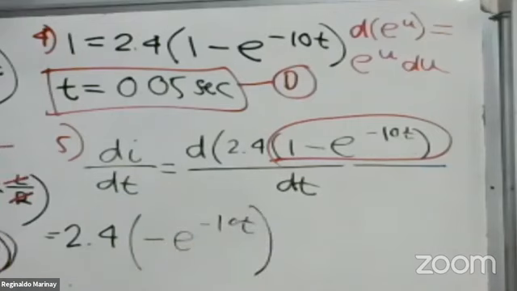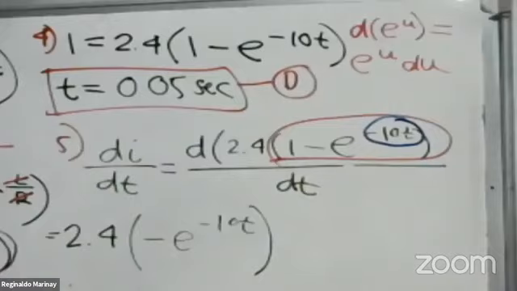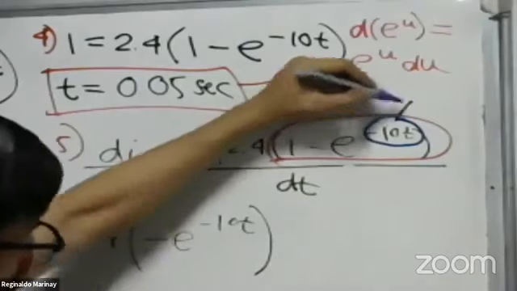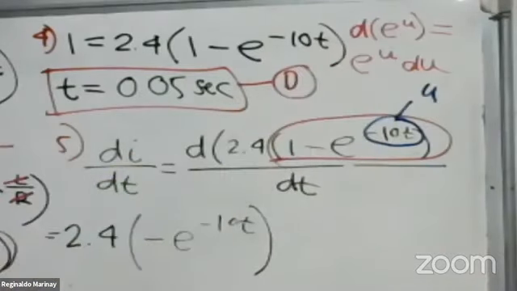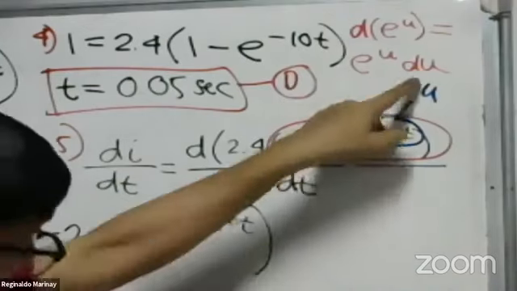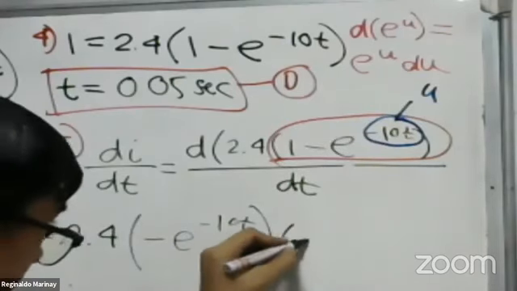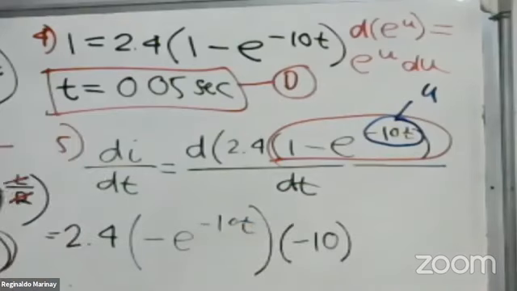Where is u? Our u is negative 10t. The derivative of negative 10t is simply negative 10. Did you get that?